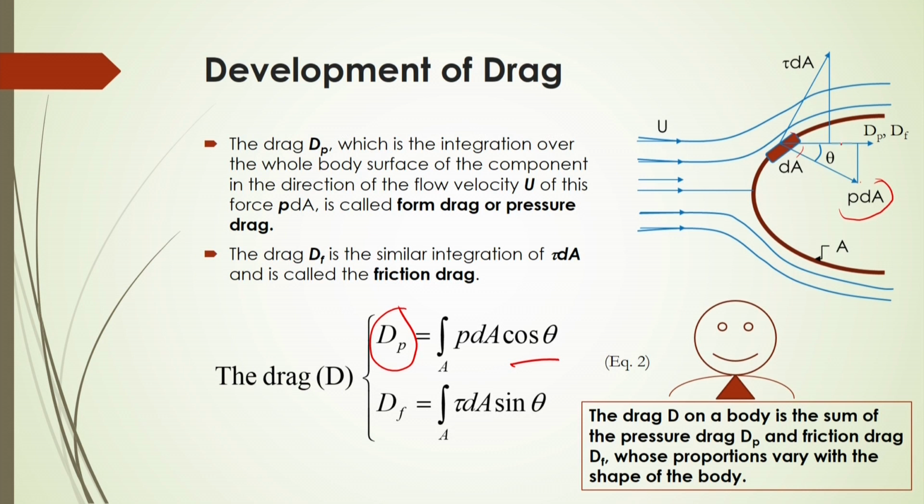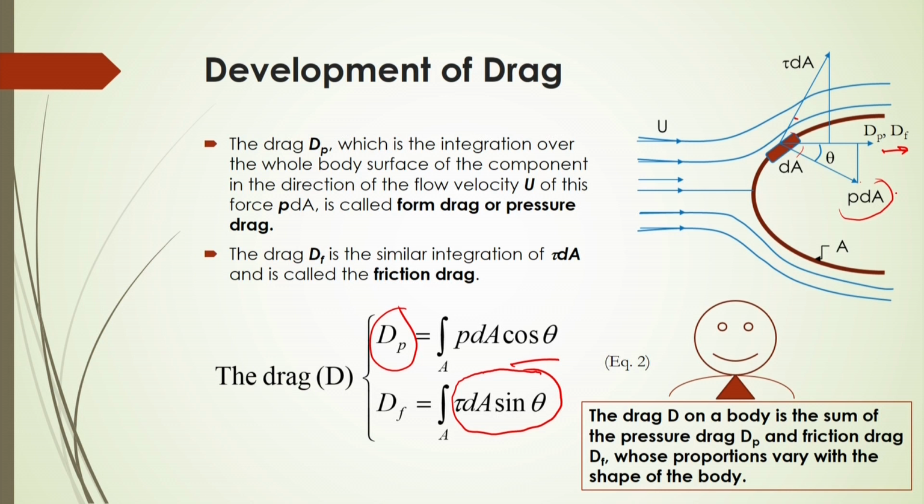We can say that dF, in this direction of flow, will be tau dA into sin theta, and we get the whole amount of this frictional drag by integrating over the whole surface area of the body.